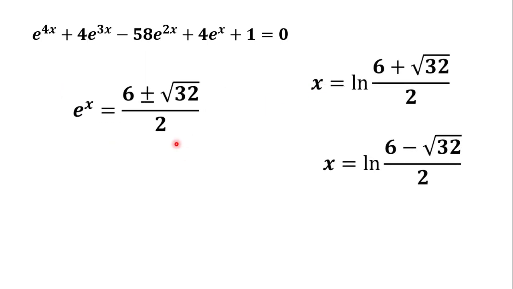And finally, by taking ln of both sides, we can write x equals ln of 6 plus the square root of 32 over 2, and x equals ln of 6 minus the square root of 32 over 2. And this equation has two roots.